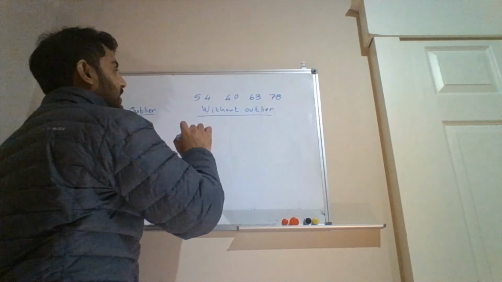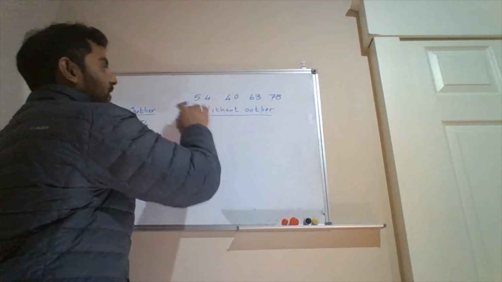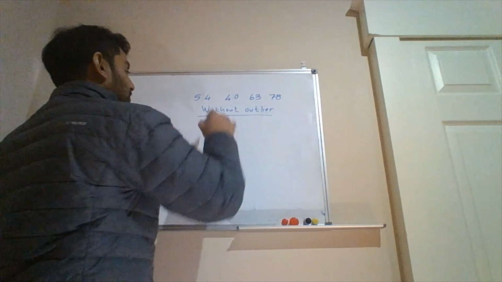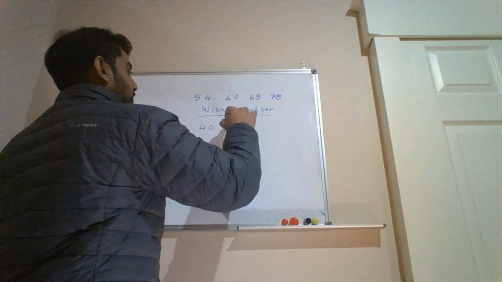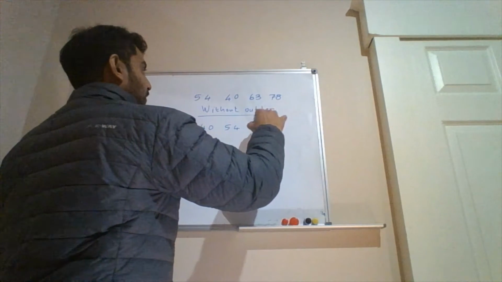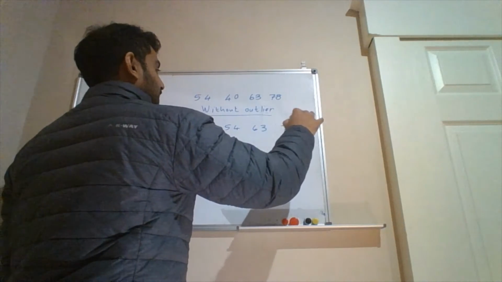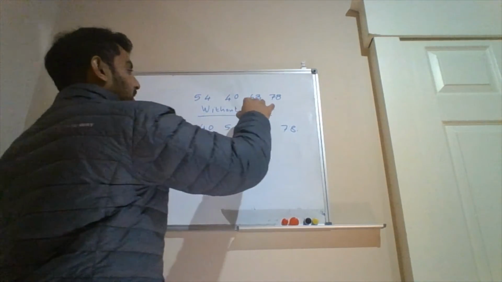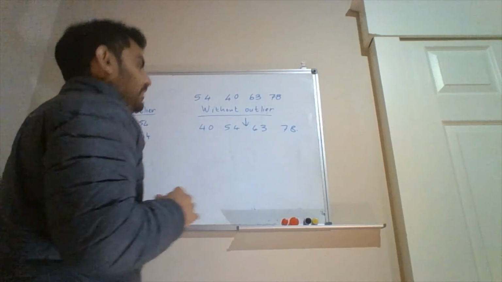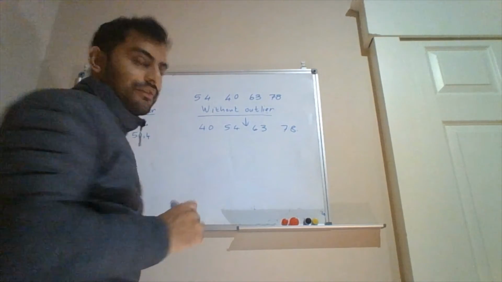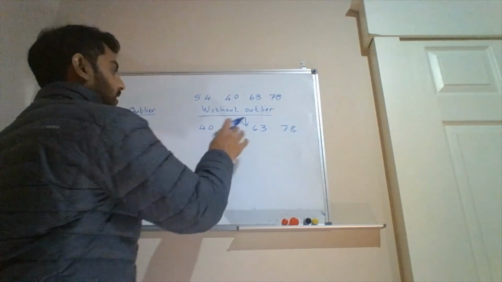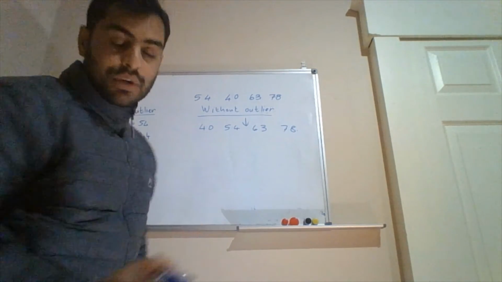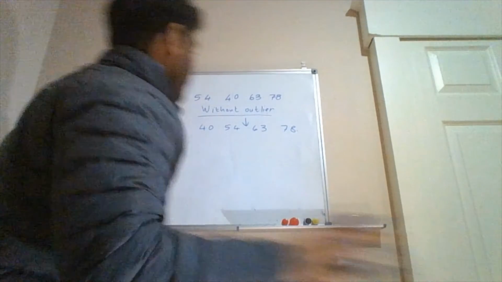So to find our median, we need the middle value, and we first need to organize this data from lowest to highest. So it would go 40, 54, 63, 78. And the median is our middle value, which lies in between the 54 and the 63. So it would be the average between 54 and 63.